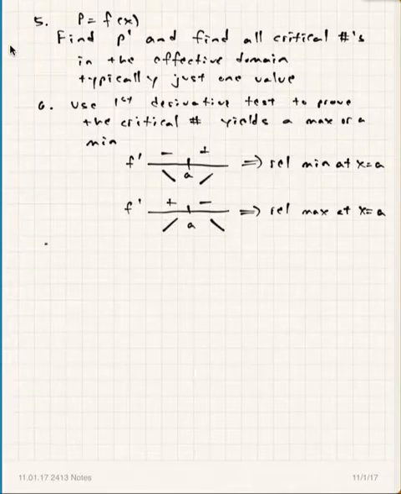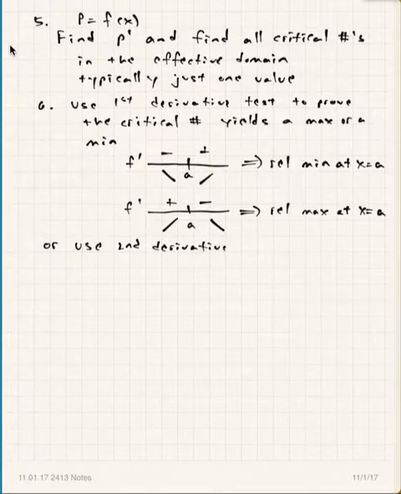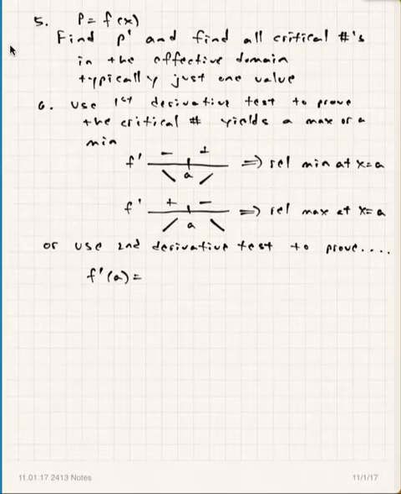Or use the second derivative test to prove the same things. In this case, remember, if f prime of a is equal to 0, so you've got a critical number that yields 0 for the derivative, if the second derivative evaluated at a is positive, it means the function is concave up.